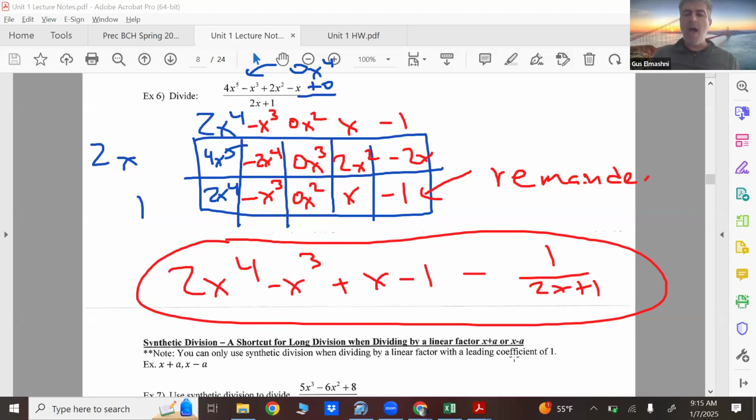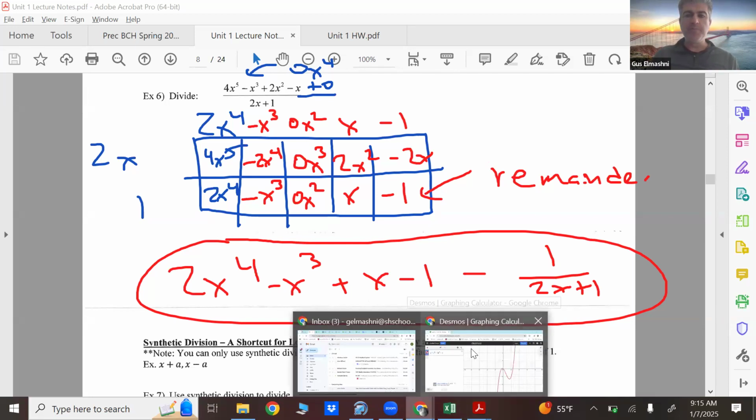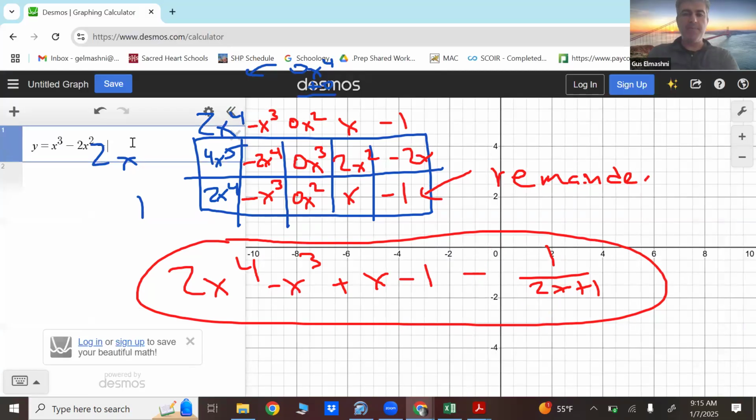Now, how do you know we did this right, guys? Here's how you know. You could just graph the polynomial.